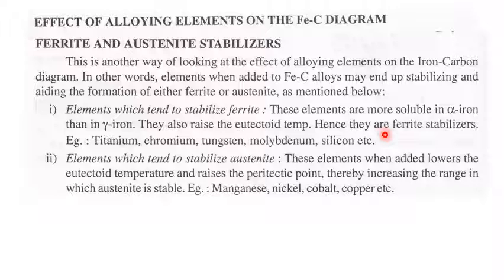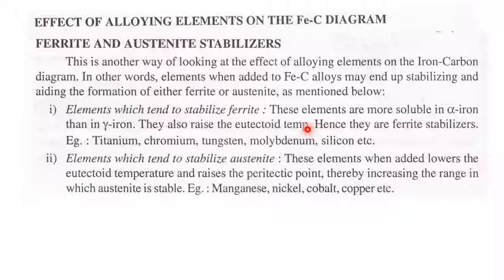If you want austenite at room temperature, which lowers the eutectoid temperature, that is, at room temperature also we can get austenite in the steel, we add manganese, nickel, cobalt and copper, which decrease or lower the eutectoid temperature, whereas if you want to have ferrite at a higher temperature, we need to increase the eutectoid temperature.